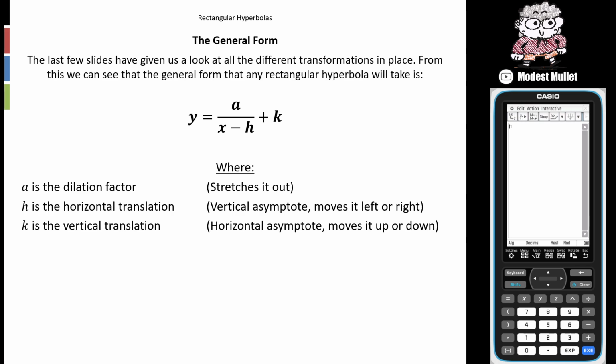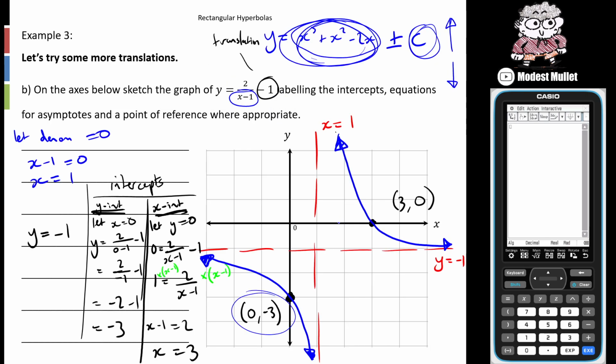So it brings us to our general form. Y equals a on x minus h, plus k. H is our horizontal translation, it impacts the asymptote. K is our vertical translation, it impacts an asymptote. And then a acts as a dilation factor. We don't have to stress too much about that, because when we find our intercepts or our points of reference, it comes out in the wash.